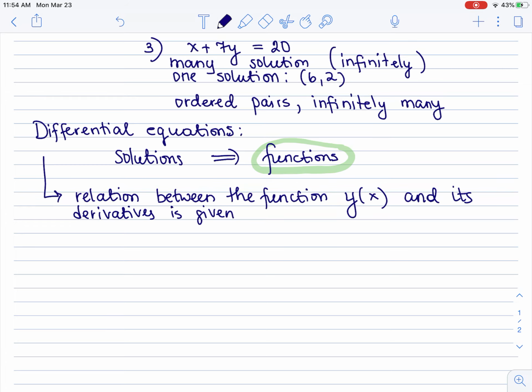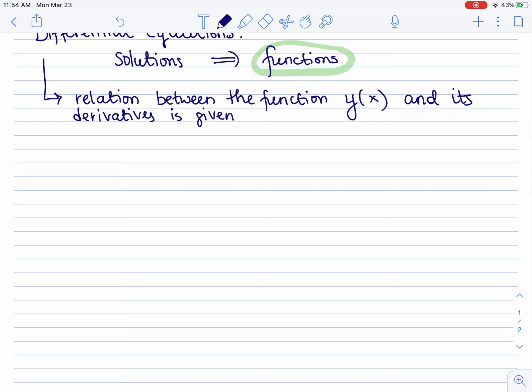So I'll give you your first example. Something like this: y double prime plus 16y is equal to 0. What does it say? It basically says I have some function such that if I take the second derivative of that function and add it to the constant multiple 16 of that function, then they add up to 0.